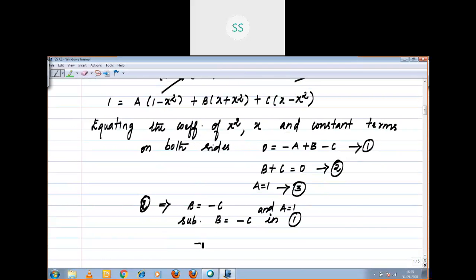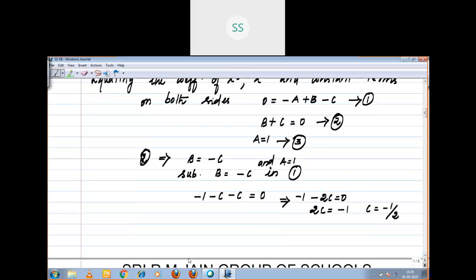What can you arrive at, children? a can be replaced by 1, b can be replaced by minus c, and already minus c is there. So 0 equals minus 1 minus 2c. Then 2c equal to minus 1, so c is equal to minus 1 by 2.